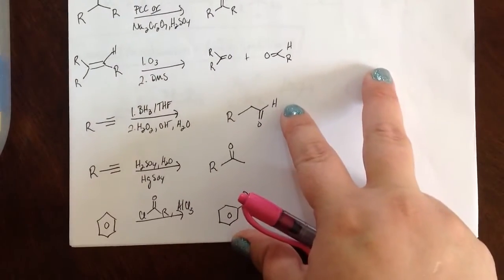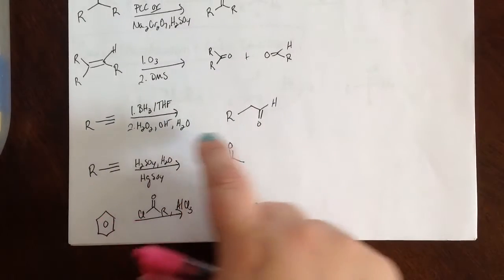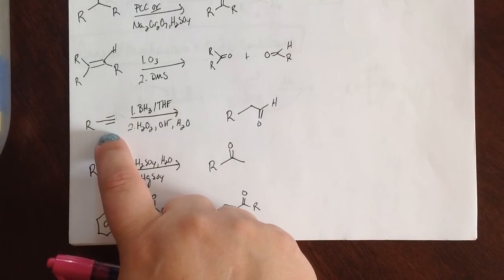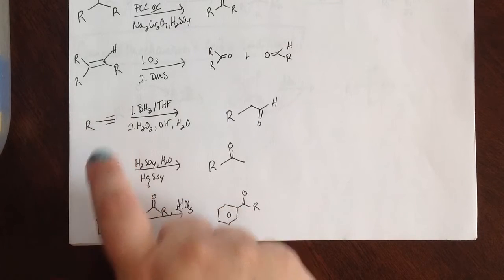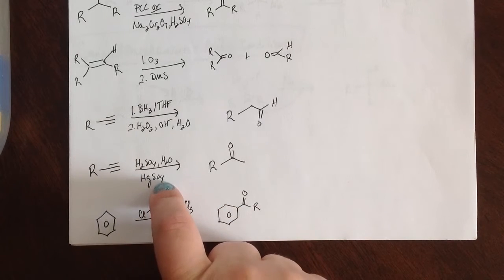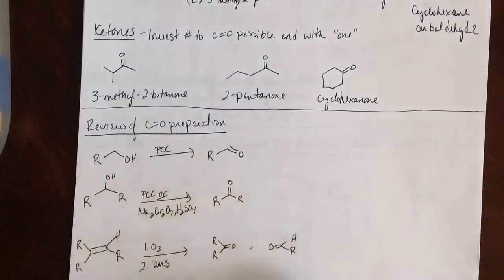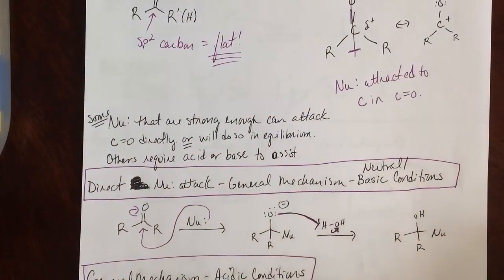We can make an aldehyde from BH3 and THF with a terminal alkyne. You could also make a ketone with H2SO4, HgSO4, and water. And we know how to do an acylation. We just did those with phenyl groups.